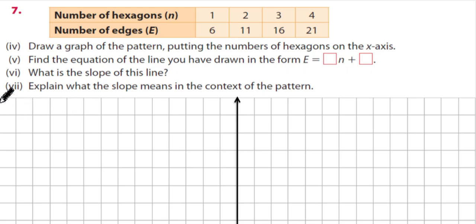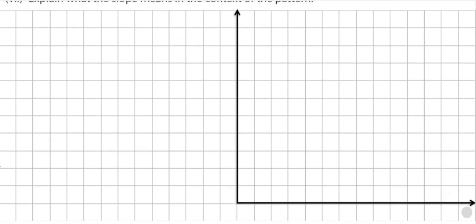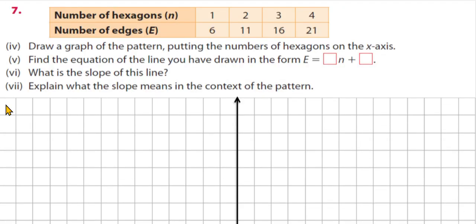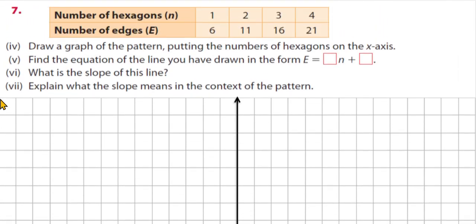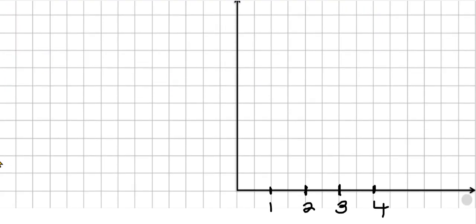We're going to have to draw a graph for this, okay? So off you go. All the way up to 4, I believe. So it's going to be done like this. 1, 2, 3, 4. Okay, I have to do the equation of the line again.